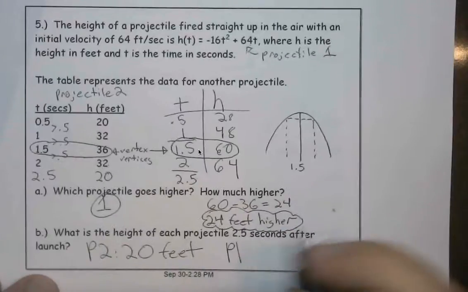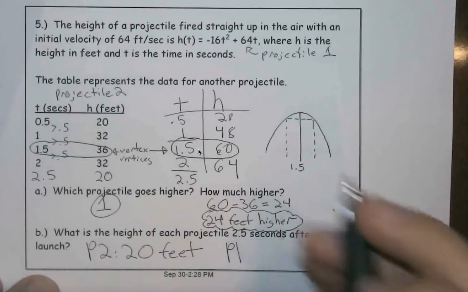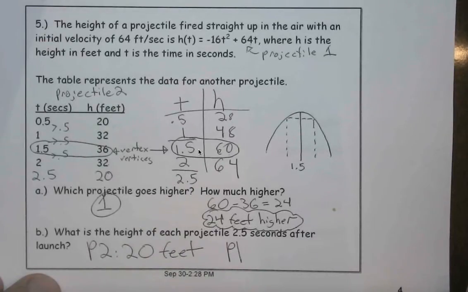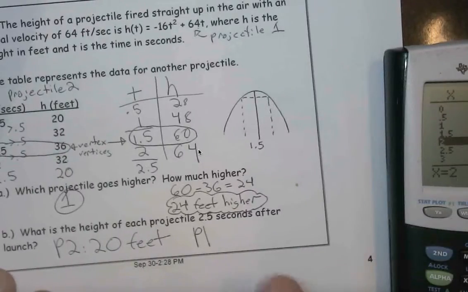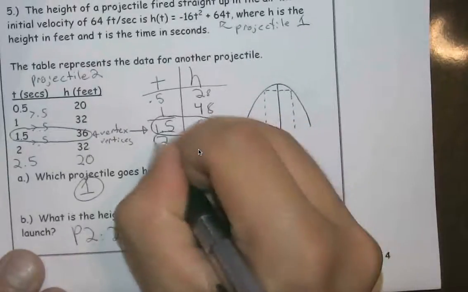For projectile 1, we'll assume it keeps going in this fashion. Or sorry. Did I copy that right? Oh, yeah. Now, this is a different ordeal. All right, I'm not going crazy. I really forgot to look at the actual vertex.